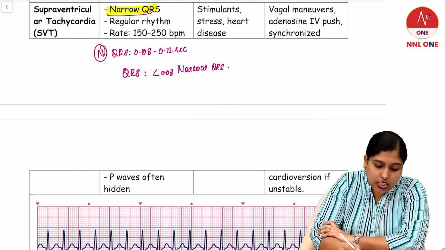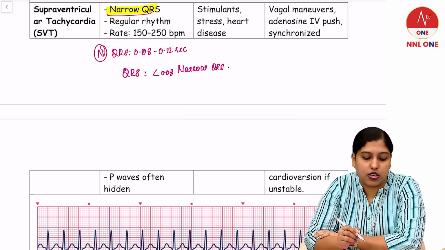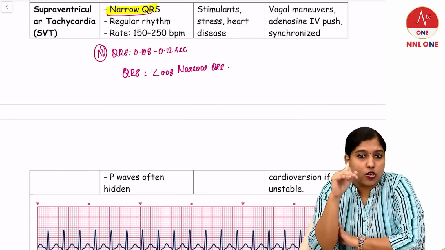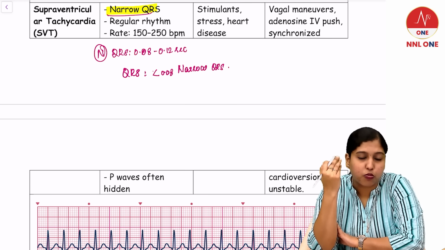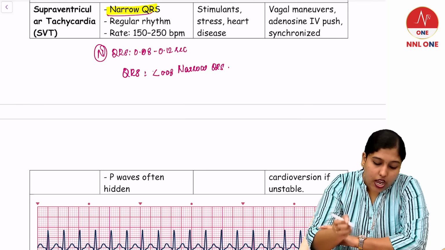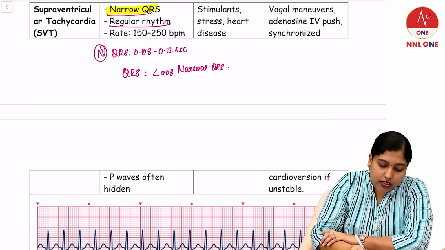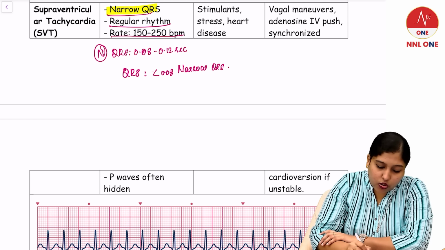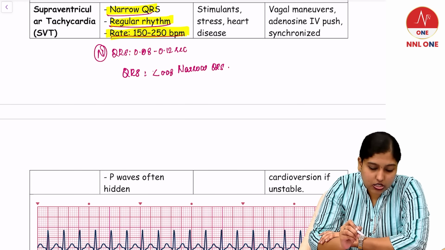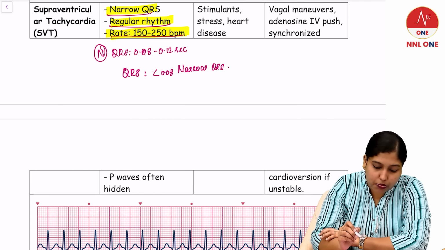So that is seen in your supraventricular tachycardia, which means the tachycardia is happening in the superior portion of your heart, above the ventricles, right? And there will be a regular rhythm and the heart rate will be 150 to 250 beats per minute.